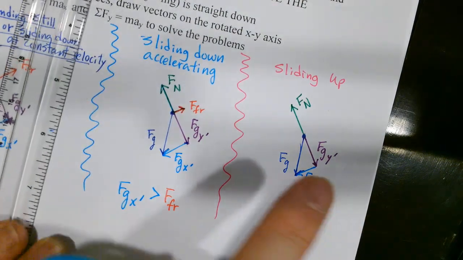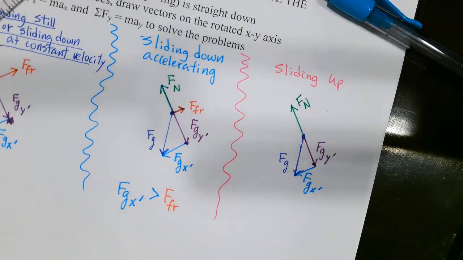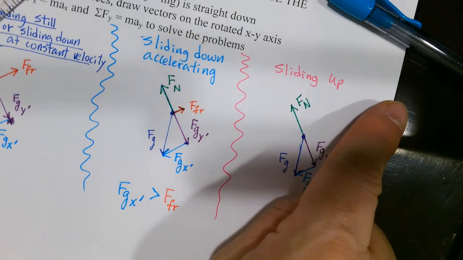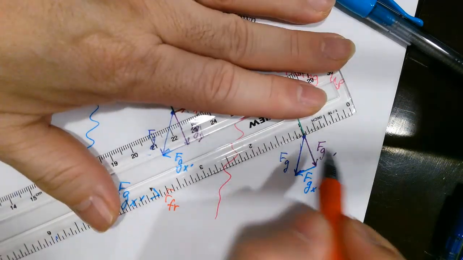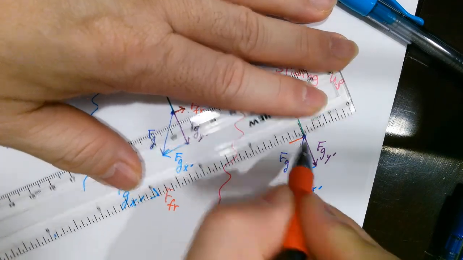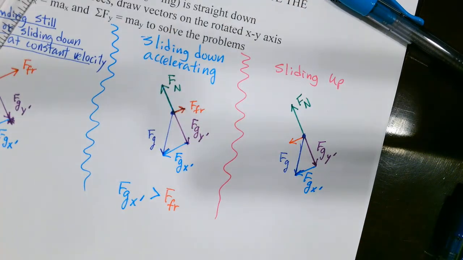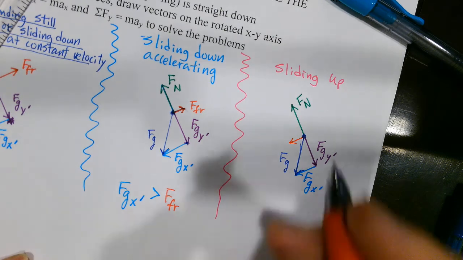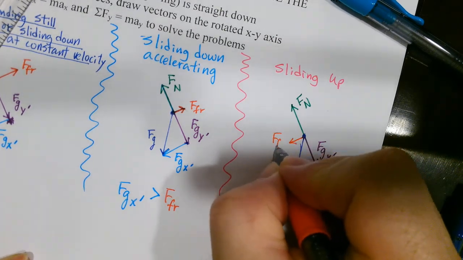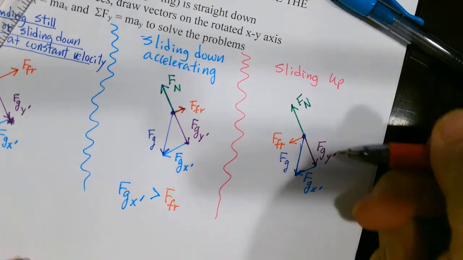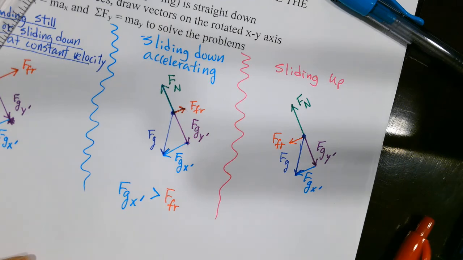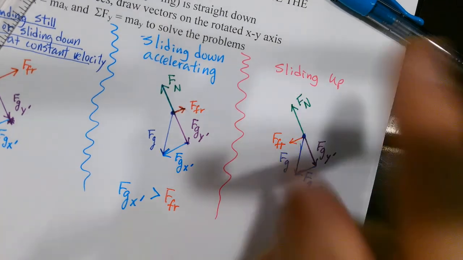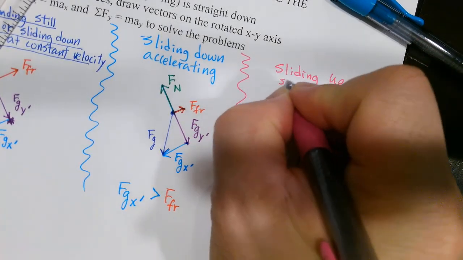And since it's sliding up this way, right, my friction has to act down the incline. Okay? So here, my friction is acting in the same direction as my FGX. So when this thing is sliding up, it is actually slowing down.